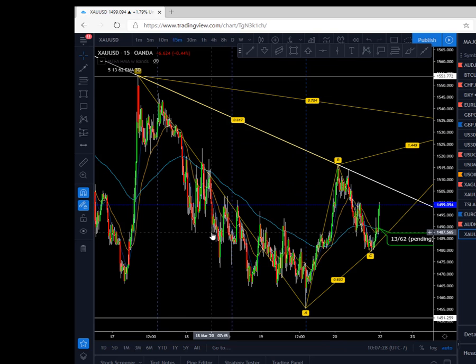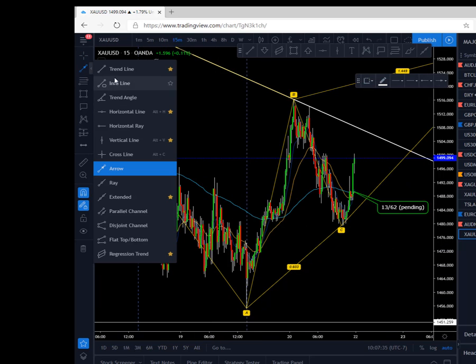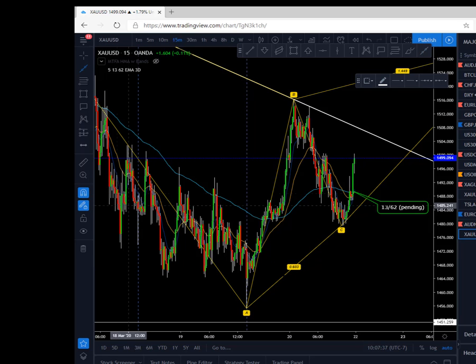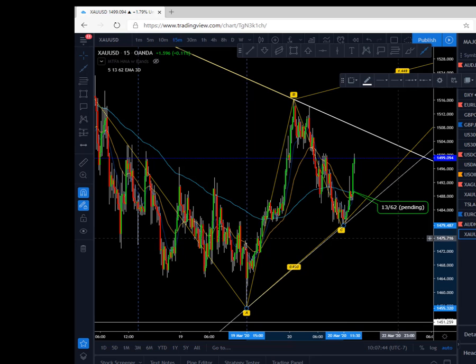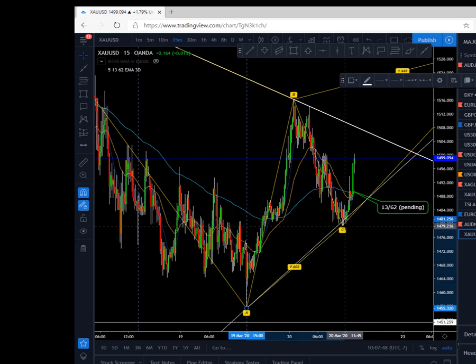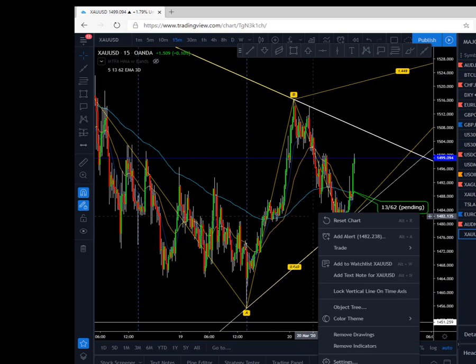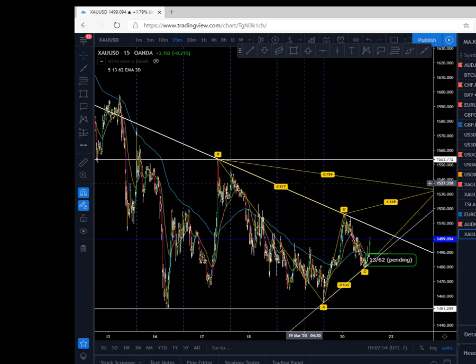I'm also going to draw my trend lines using A and C point. And X and B point trend line, it's already taken care of.